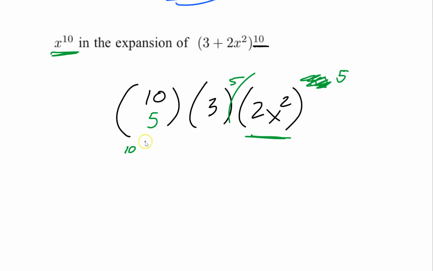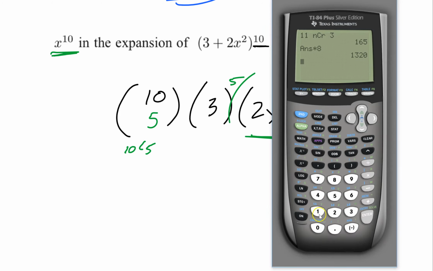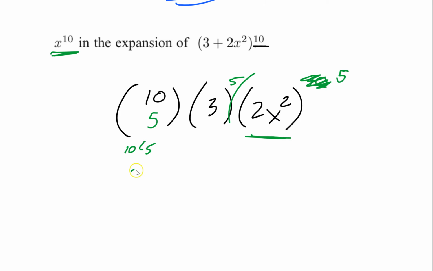10 choose 5. We'll use our calculator again, because I think it's going to be pretty big. Not terribly big, but bigger than I want to deal with. So 252. 3 to the 5th is 243. That 5 goes to both of them, so 2 to the 5th, x to the 10. Again, which is the one I wanted. That's why I couldn't put a 10 there, because it would be too big.